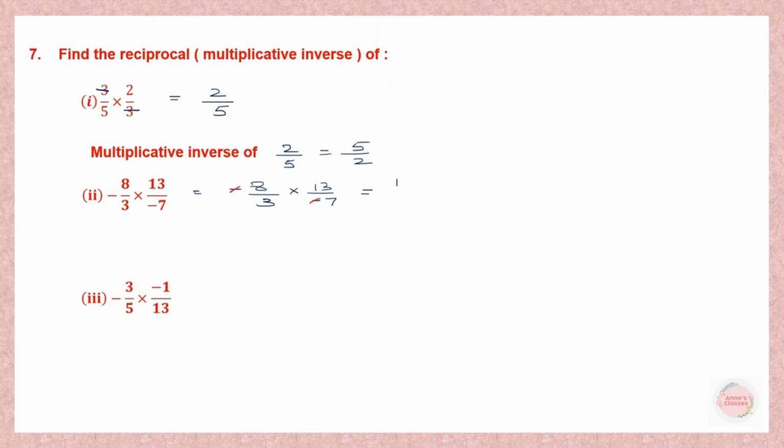That is 104, and in the denominator 3 sevens are 21. So we have to find the multiplicative inverse of 104 by 21. So let's write that. Multiplicative inverse of 104 by 21 is 21 by 104.